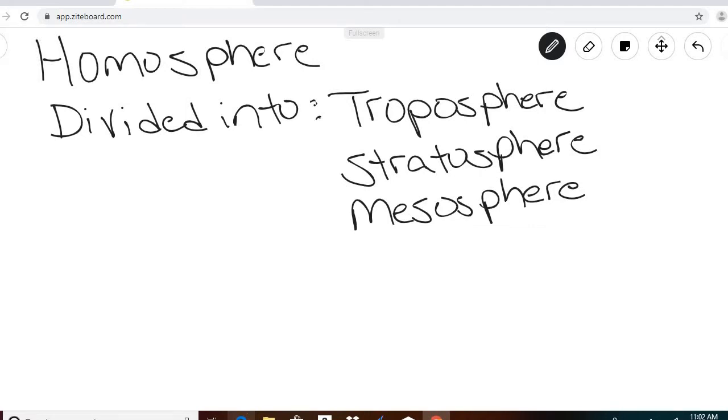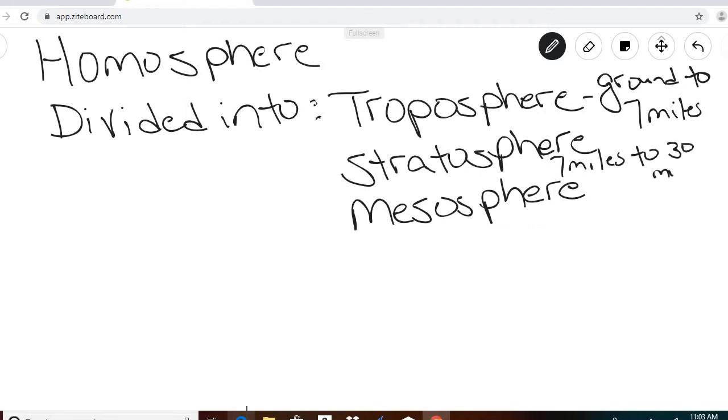So the troposphere is from the ground to about 7 miles above the ground. The stratosphere is from 7 miles to 30 miles above the ground.